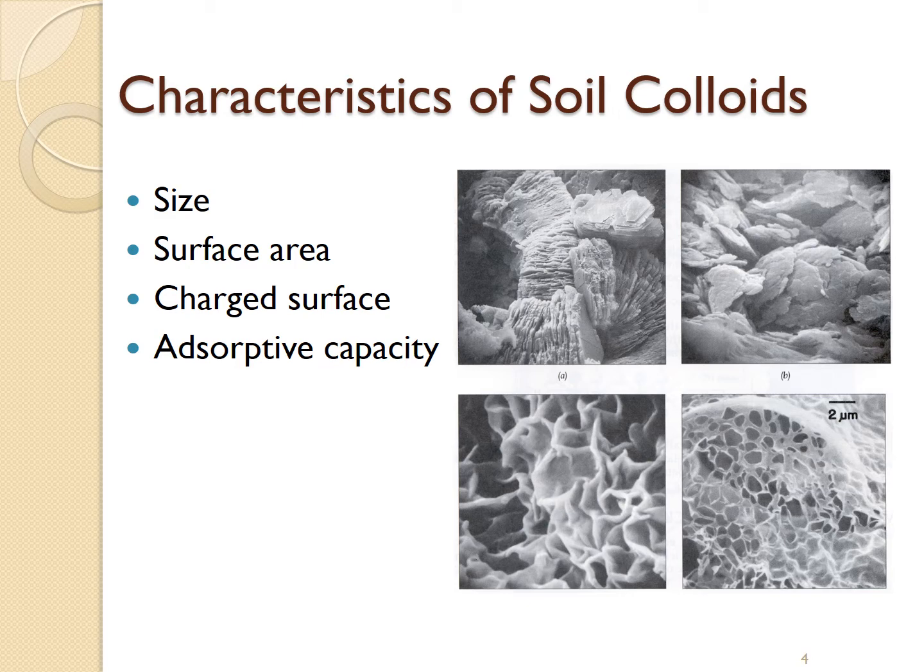Most of them have a negatively charged surface, so we will learn later on about some that have a positively charged surface. They have adsorptive capacity, meaning they can hold on to things at their surface sites, kind of like a post-it note, and exchange them for other post-it notes in various environments. And here's just some really cool scanning electron microscope images of a variety of soil colloids that we're going to learn about.